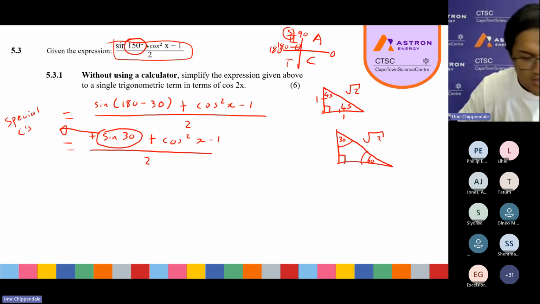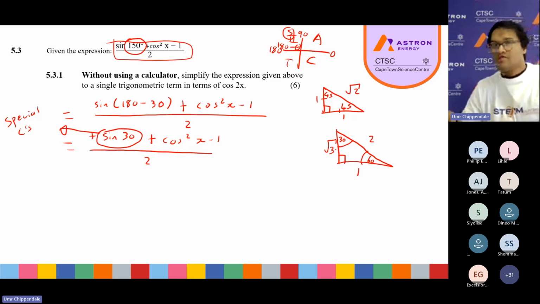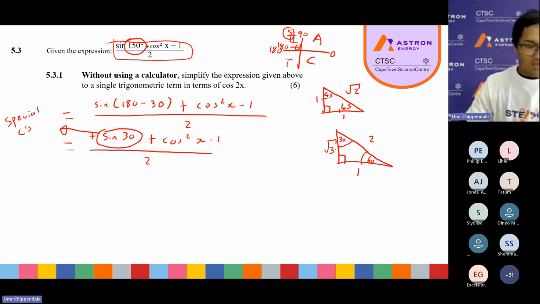This is going to be square root 3. Oh, sorry, I wrote it differently over here, so let's erase. All right, so this is going to be 1, this is 2, and then square root 3. All right, so we should have it like this.